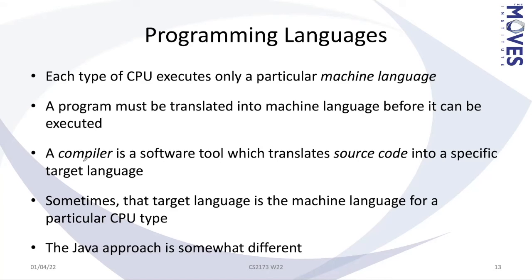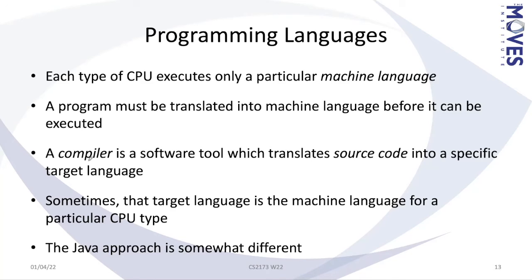In the early days, you literally wrote things in the machine language. Then they realized that wasn't ideal, so they came up with assembler languages, and then even that turned out to be kind of problematic, and so they developed more high-level languages.